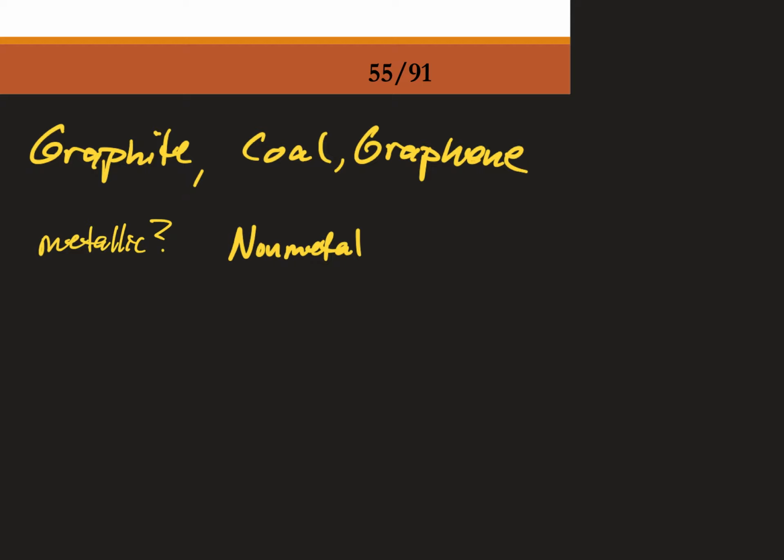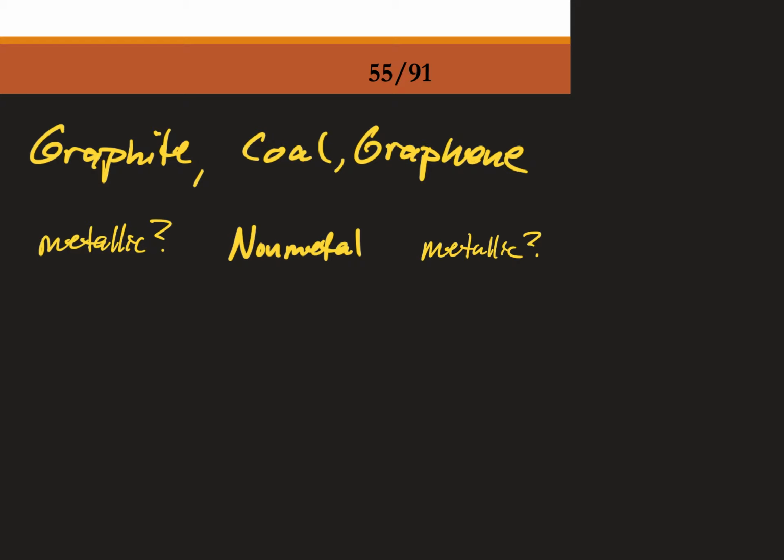Those layers are not very well held together, which is why graphite is used in our pencils. It rubs off very easily. And then graphene is just one of those layers. But graphene is the best conductor of electricity that we know of. And if that's the case, how could you not consider that to be a metal? So I'm going to put it here.